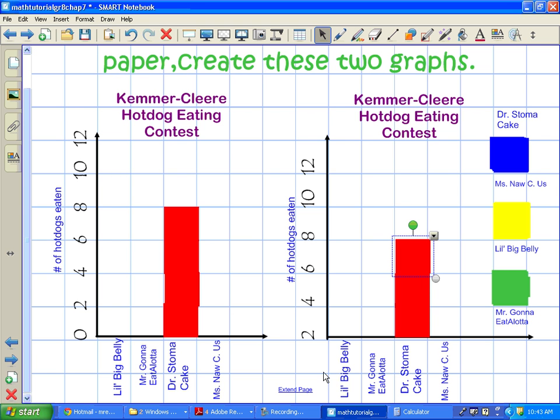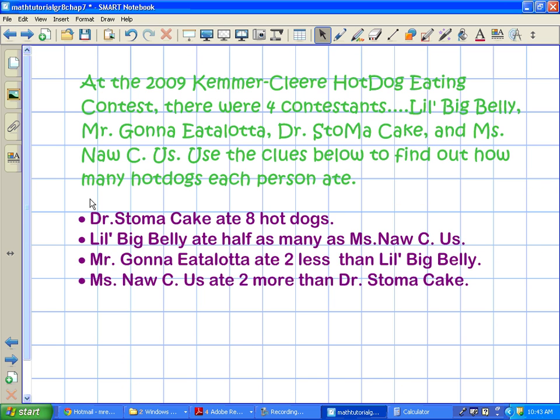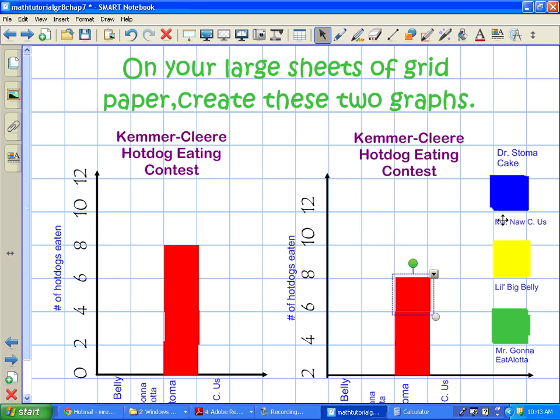So right now this is showing 8. Now if I were to draw the next person, Miss Nasius ate 2 more than Dr. Stomacake. So if Dr. Stomacake ate 8, Miss Nasius ate 10. So let's find Miss Nasius right here, and we need 10.